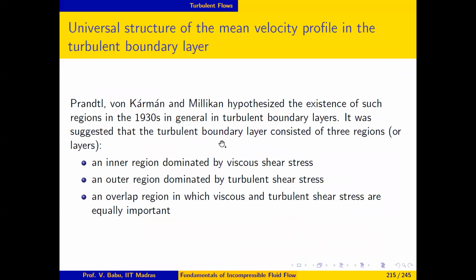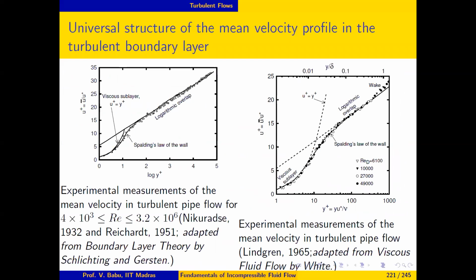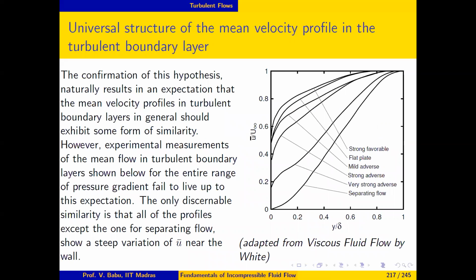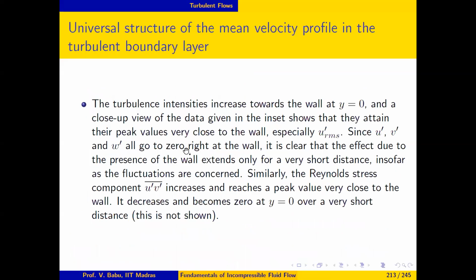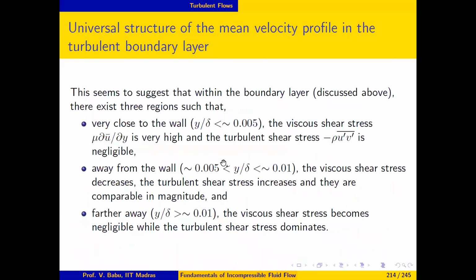So consequently, if we are to resolve this gradient, notice that u bar drops from about, as I said before, 0.6 to 0 in a span of y over delta of 0.005. If we have to resolve this gradient, then we need to use a lot of mesh points within a very, very small region, in addition to the mesh points that we have used elsewhere.